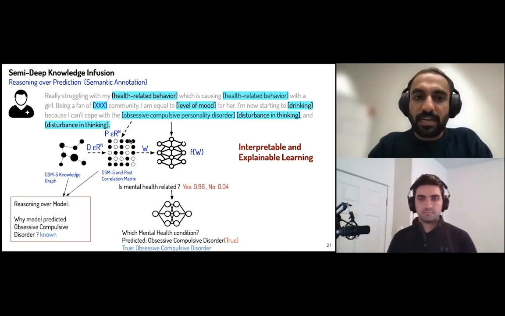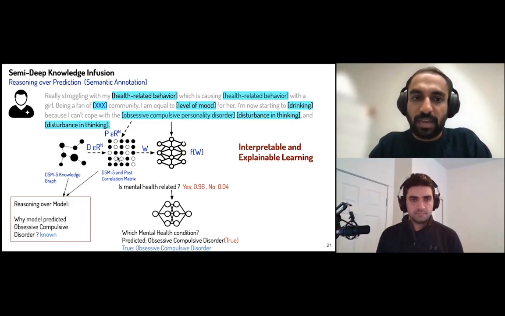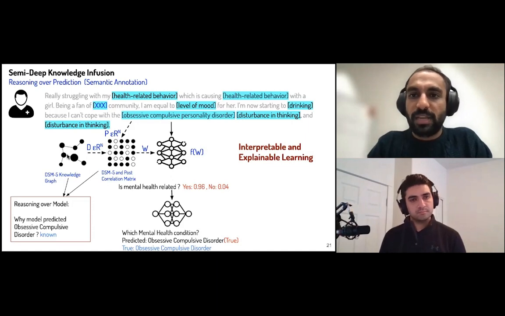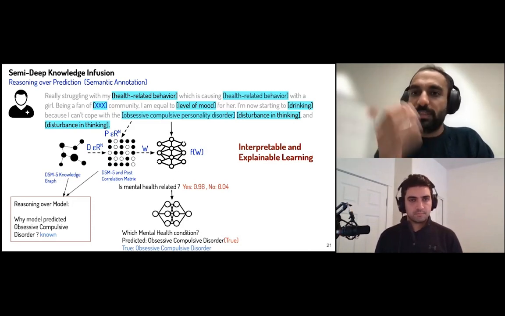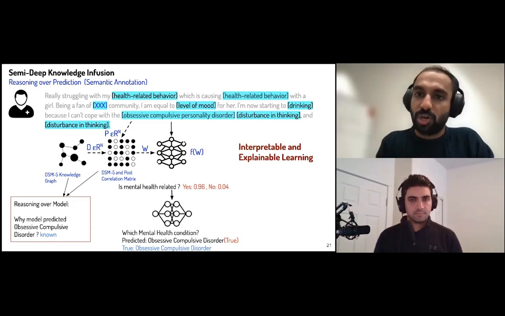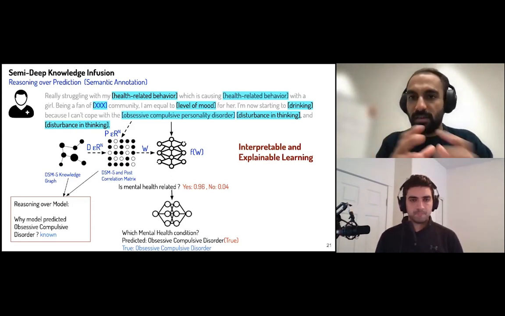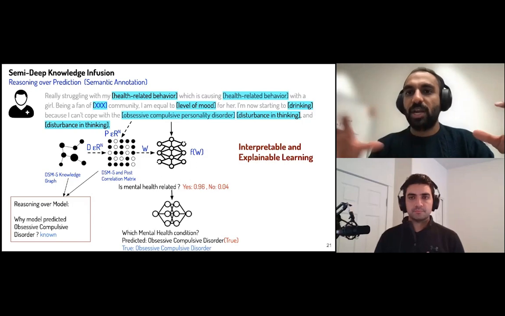Now you have a matrix that you can see on the left, which is constructed from the DSM-5, which is the mental health knowledge graph. Though in practice we put it as a lexicon in the model, it exists as a knowledge graph because it is in subject, predicate, and object form.